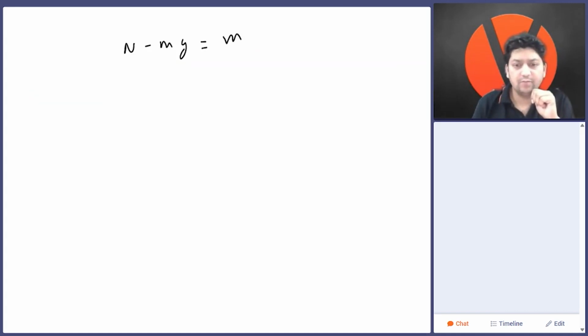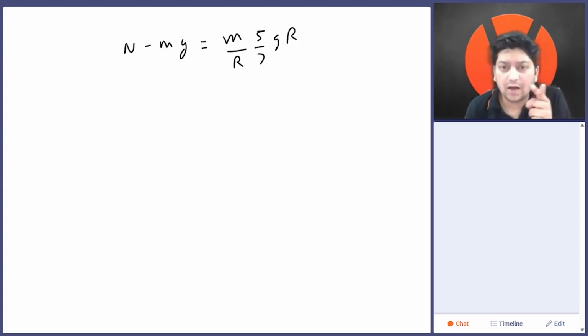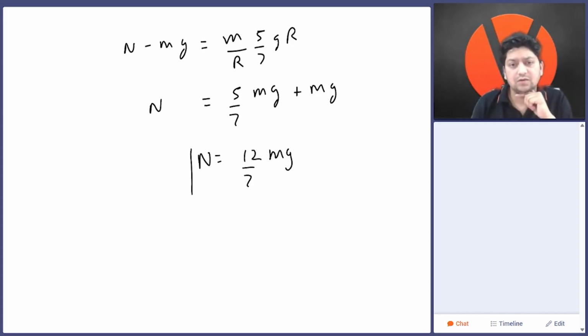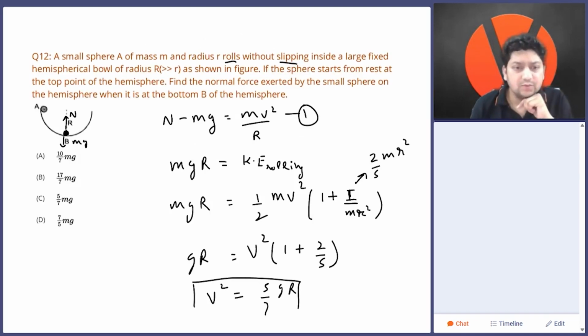V square is 5 by 7 gR, and R and r cancel out. Normal reaction will be equal to 5 by 7 mg plus mg. Taking the LCM of 7 and 5, 7 plus 5 is 12. 12 by 7 mg. This will be the normal reaction. 12 by 7 has to be the answer.